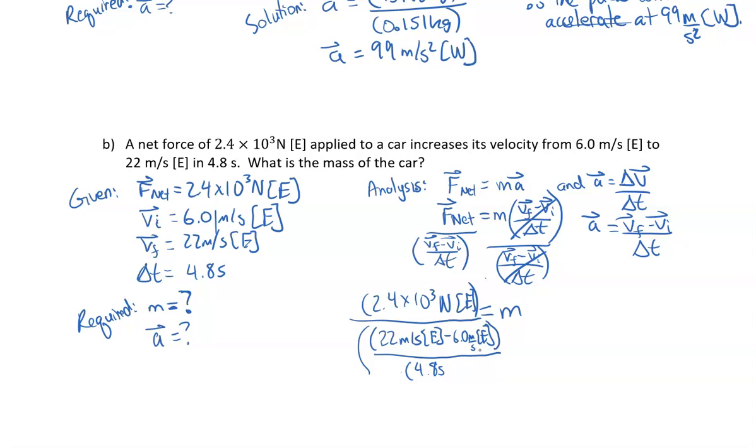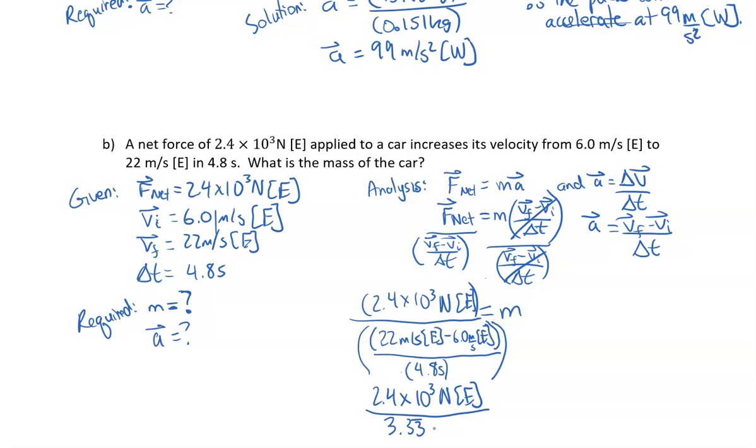And so I encourage you to try that yourself to make sure that works. You might even go 22 minus 6, which is 16, divide that by 4.8. And so you might come to something like this. You might say it's 2.4 times 10 to the 3 newtons east, divided by this 3.33 repeated, and this is going to give you meters per second divided by seconds.